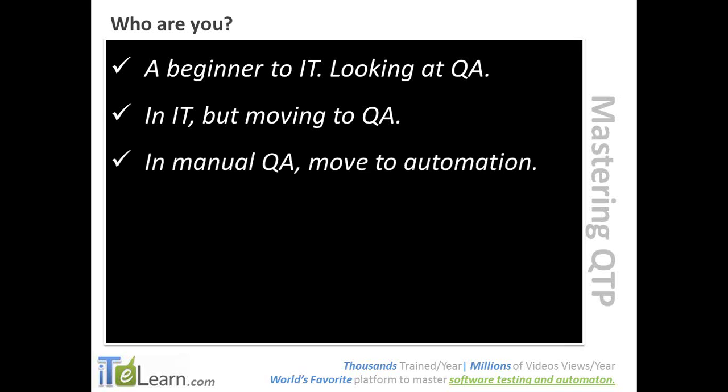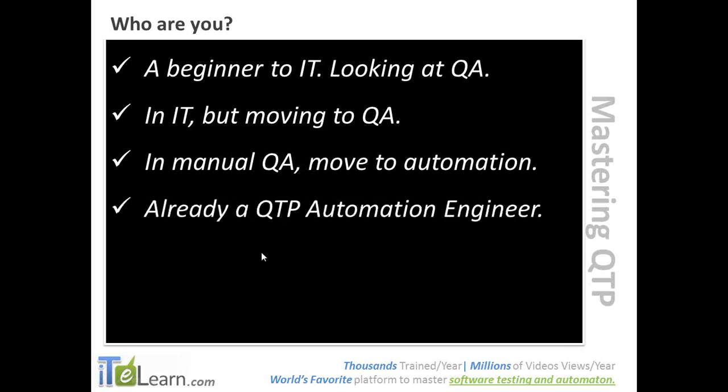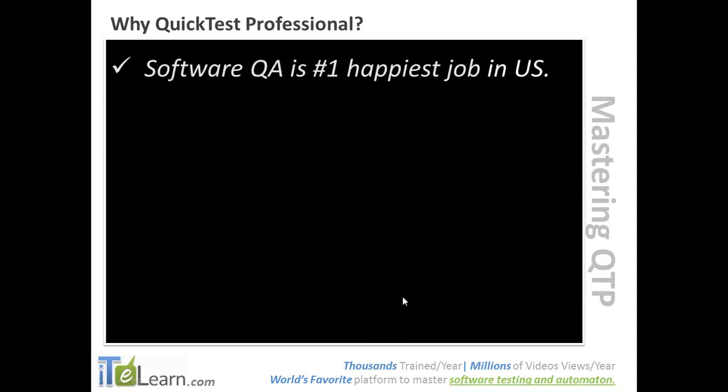You could also be someone who's already in manual testing but believes strongly that automation will help you in your career, in your growth, in better opportunities at your current workplace. Or you could already be a QTP automation engineer but looking to enhance the skill. So primarily I'm trying to say who the audience is for this kind of presentation.